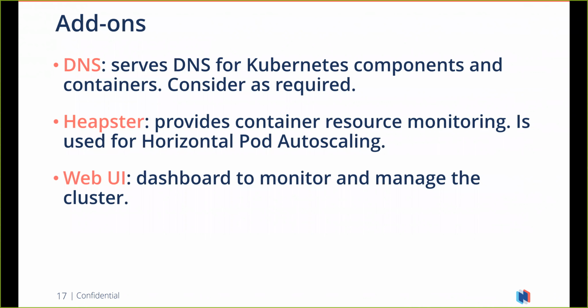In fact, some of the Kubernetes controllers, like the HPA or horizontal pod autoscaling, use the metrics API now to be able to perform some core functions like autoscaling within your cluster. And then optionally, you can install the web UI, or you can use other tools like kubectl, which is a CLI-based tool, or tools like Nirmata to manage and operate your clusters.